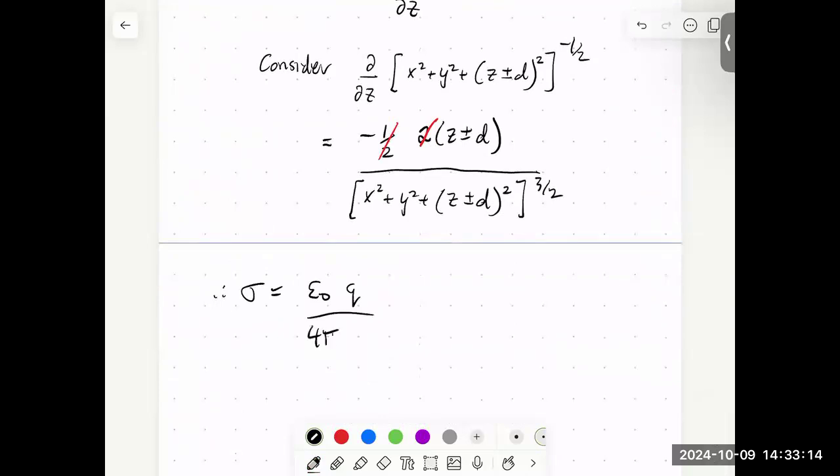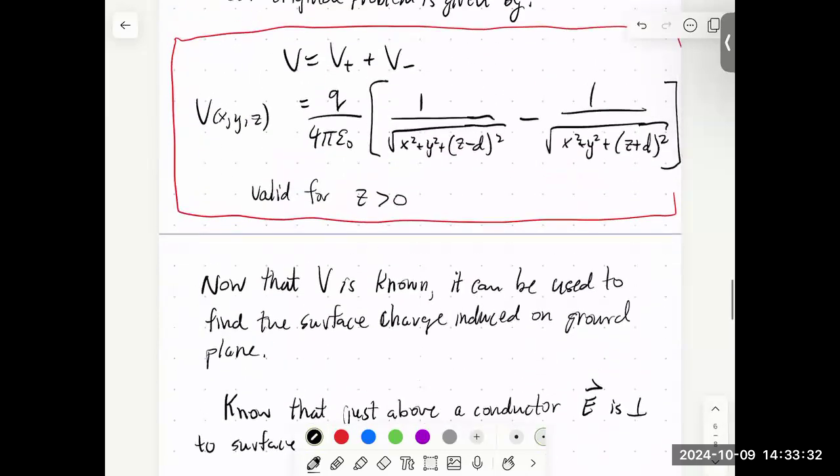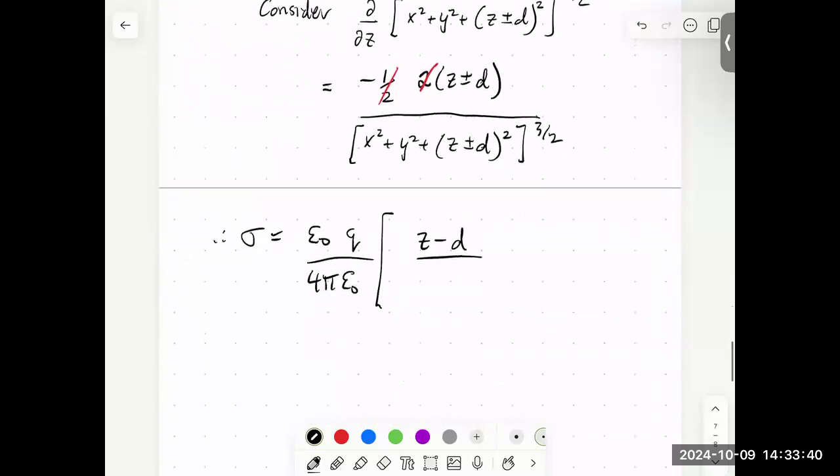And then we had the term with the minus sign. So it's z minus d, right here, I'll show you. The first one is the one with the minus sign, and then we go minus the one with the plus sign. So let's do that. x squared plus y squared plus (z minus d) squared to the 3/2.